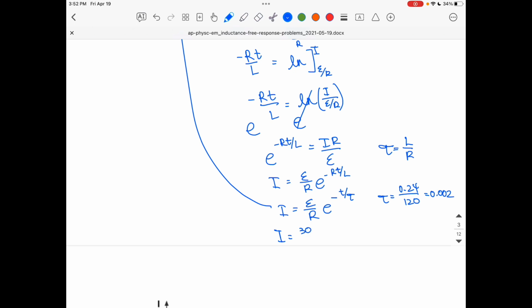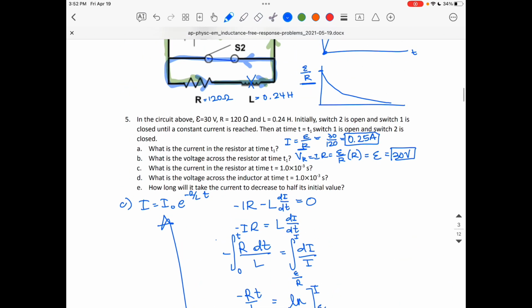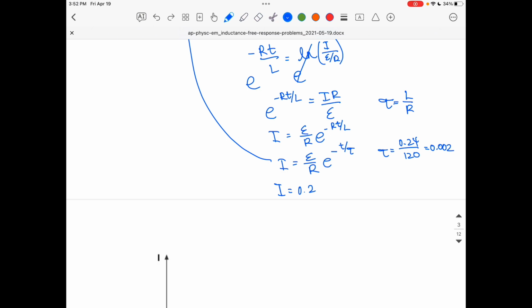I have 30 volts over R, actually I already calculated that. That is 0.25 from part A, times e to the negative, my t value is 1 times 10 to the negative 3 divided by 0.002.